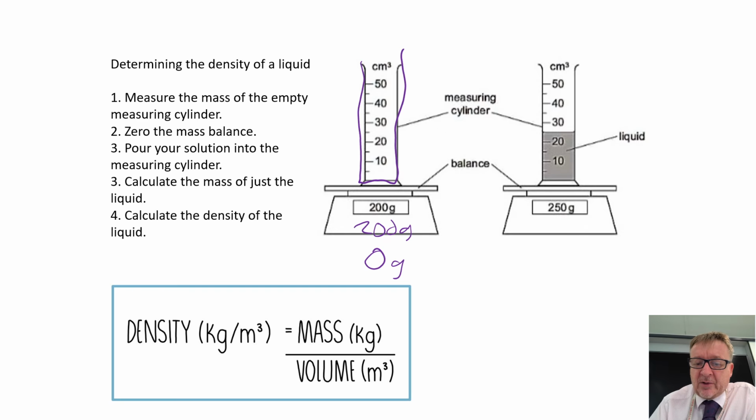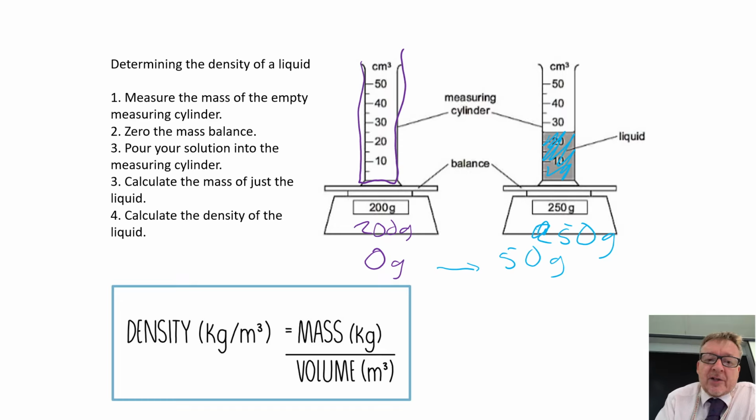Then you put your liquid in, and you've got to know the difference between the two. On this, it's 250 grams, so it'd be 50 grams of liquid in there. If you'd zeroed it, then the scale would say 50 grams.